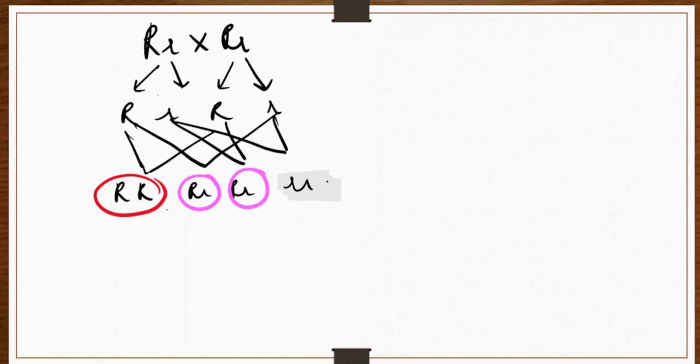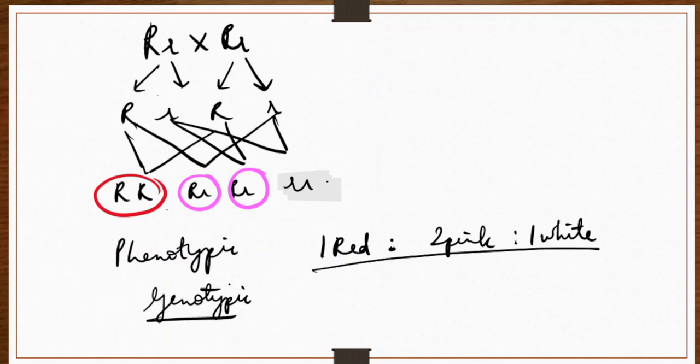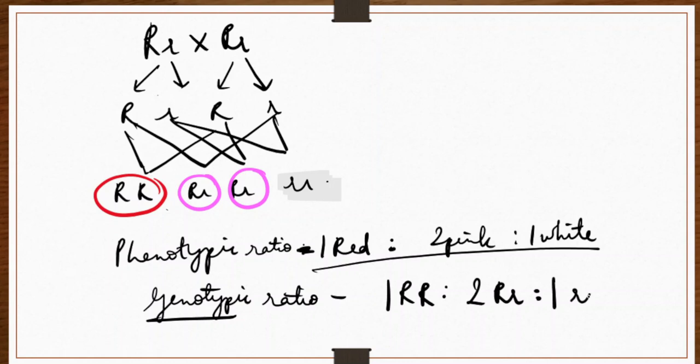So the phenotypic ratio in the findings came as 1 red, 2 pink, and 1 white. This was the phenotypic ratio, that is 1 is to 2 is to 1. And speaking about the genotypic ratio, it was 1 capital R, 2 capital R small r, and 1 small r.